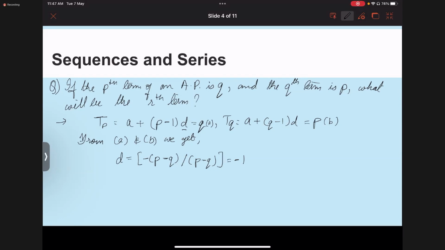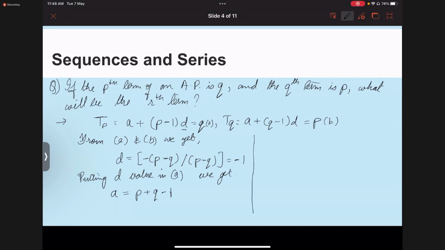Putting the d value in A, you will get a is eventually going to become p plus q minus 1. This is our a.